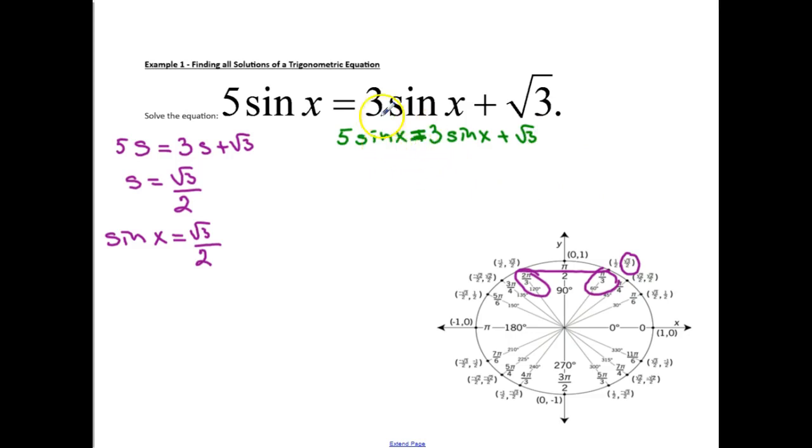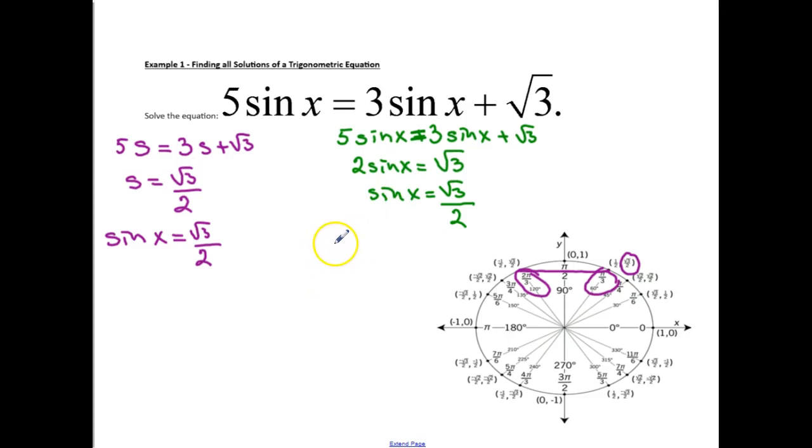And then you want to get your sine of x to be on the same side, so you'd have to subtract 3 sine of x. That gives you 2 sine of x is equal to square root of 3, or the sine of x is equal to square root of 3 over 2. We're getting the same answer as the first time, we're just working it out with a different strategy.